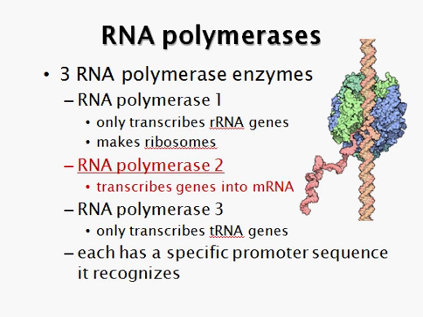The unwinding and unzipping that occurs in transcription is accomplished by the RNA polymerase. Also, RNA polymerase does not need a primer, but it does follow the same base pairing rules as DNA polymerase does in replication.